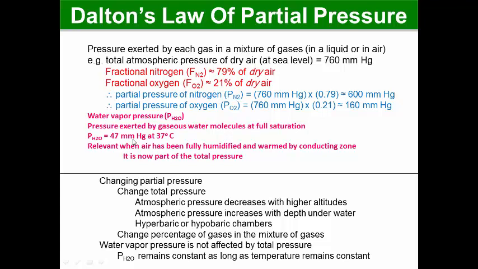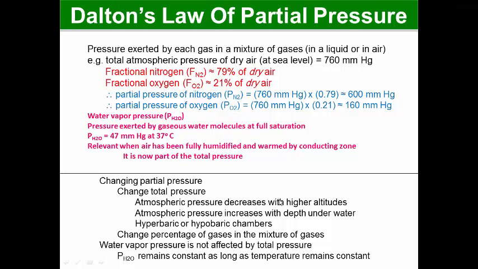So now the remaining pressure is 760 minus 47 millimeters of mercury, and this should be taken into consideration while calculating the partial pressure of oxygen and the partial pressure of carbon dioxide in the conducting zone of the respiratory system. Now, we need to know that the total atmospheric pressure may change.